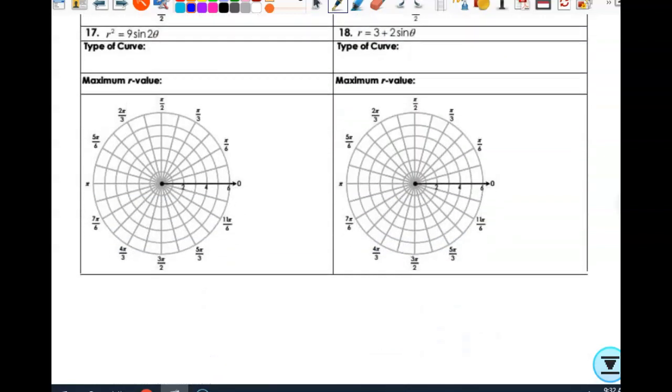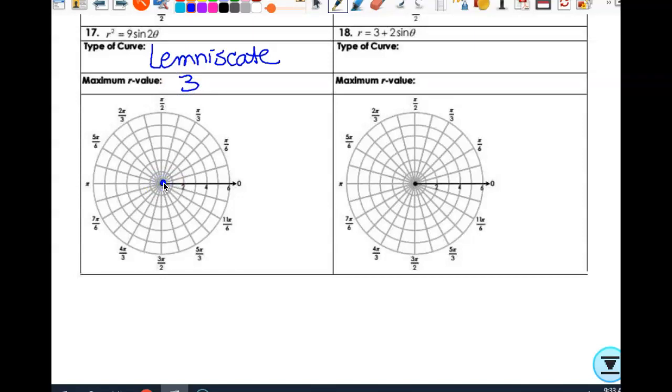All right, so let's look at 17. What is 17? Lemniscate, good. All right, what's your maximum R value? 3, good. So it is attached to the pole.